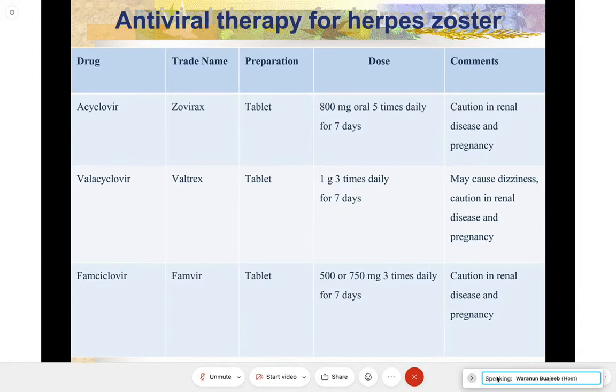Actually, acyclovir we can also buy from a Thai company, which is cheaper. You can see valacyclovir is just 3 times per day, similar to famciclovir. It's quite safe to prescribe all these antivirals.